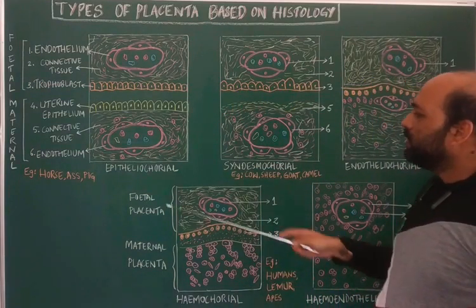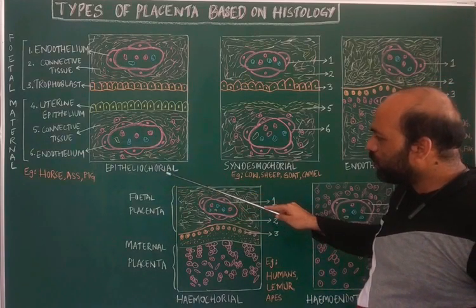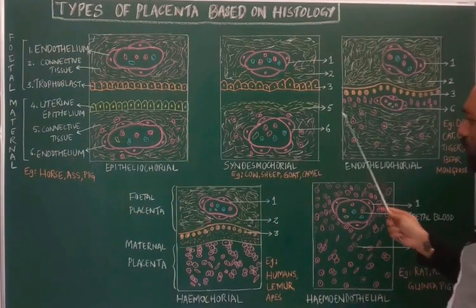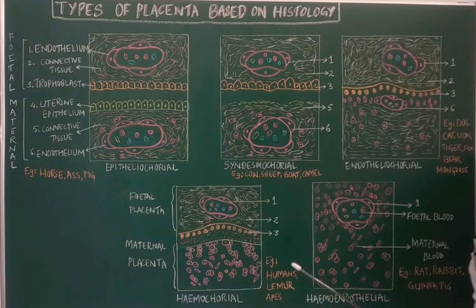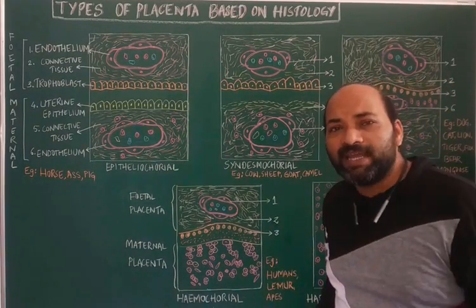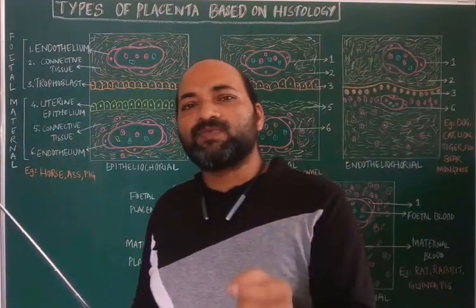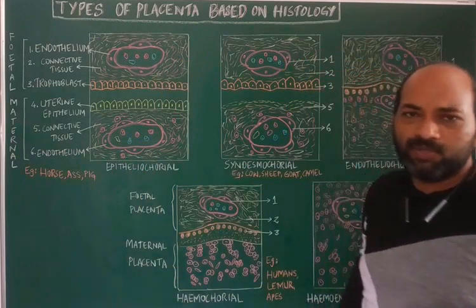So here the first one is called Epitheliochorial placenta. Very important is that all the names given to these placentas themselves explain the connection between the fetus and the maternal part of the uterus.